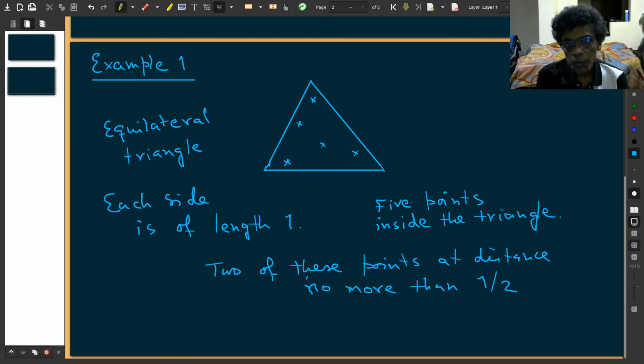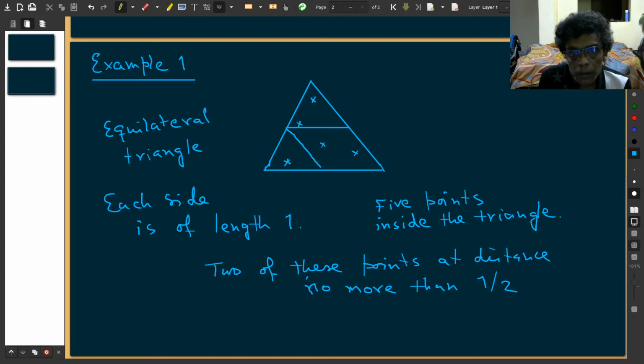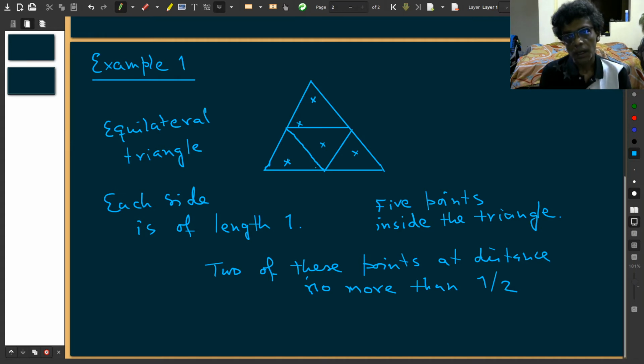So basically these points are my pigeons, so I have to somehow create the holes. So what I do, I will break it down. This is half, here to here, finally here to here. I will break the equilateral triangle into these 1, 2, 3, 4 parts. So these are my holes.